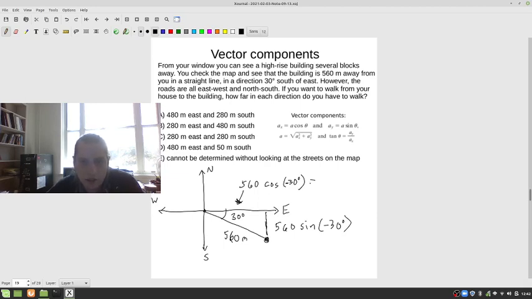This would be your x component, this would be your y component. And notice for this one, you would get a negative number because you're going south rather than north. For this one, you would be getting a positive number because you're still going east rather than west. Okay.